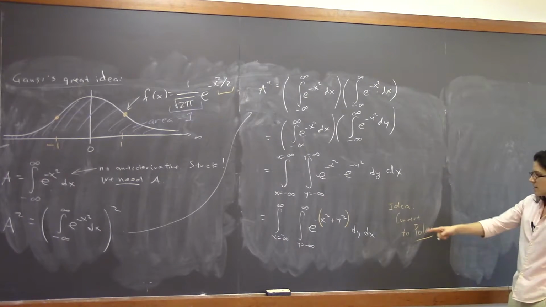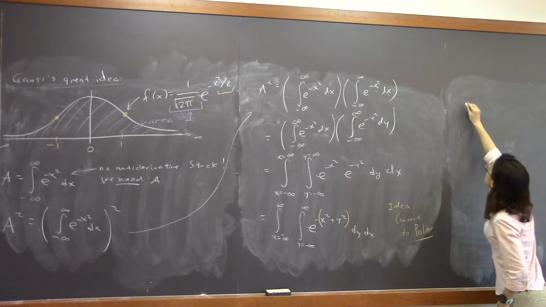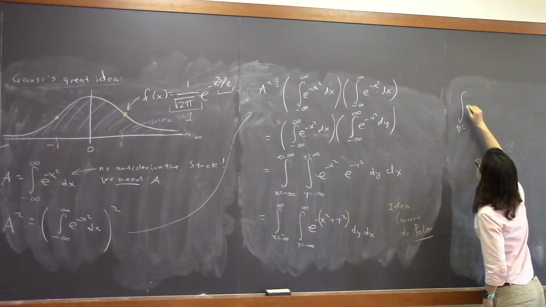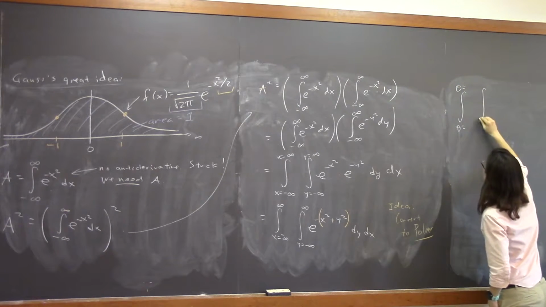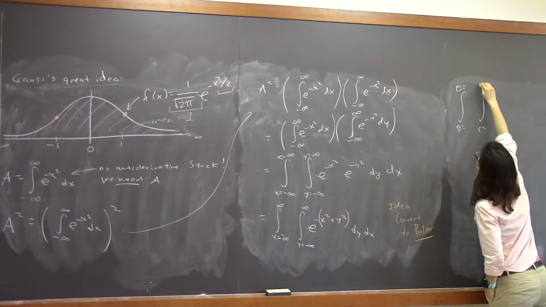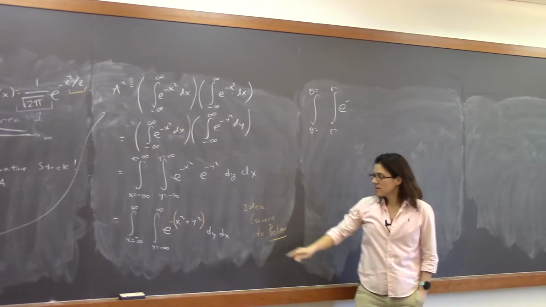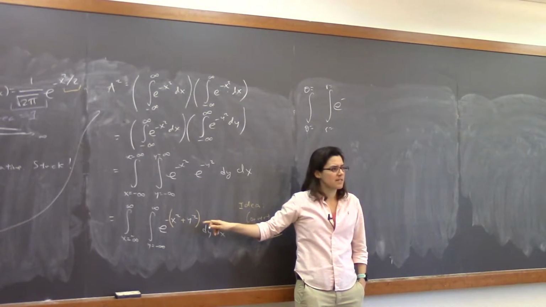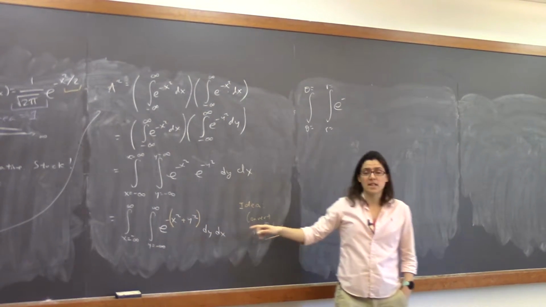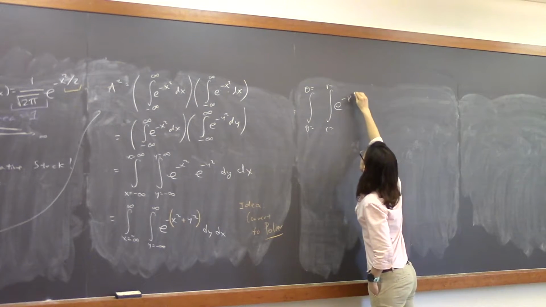So let's do it. So if we convert to polar coordinates, we'll be going from theta equals something to theta equals something. Let's fill that in a minute. From r equals something to r equals something. We'll fill that in. E to the negative x squared plus y squared. In polar? R squared, yeah. X squared plus y squared is r squared.